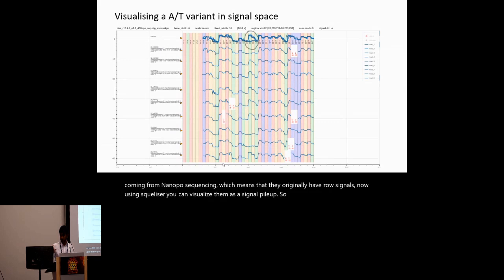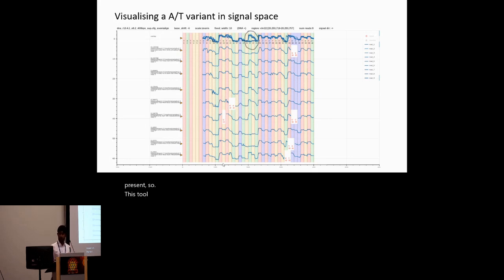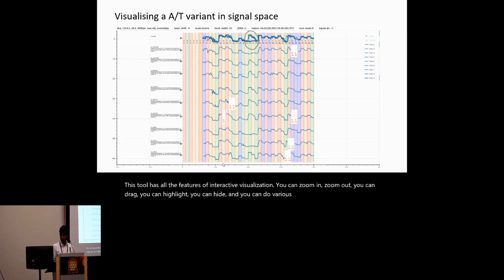You can see I have circled on the overlap up there that there's a clear difference between the current levels when the variant is present. This tool has all the features of interactive visualization. You can zoom in, zoom out, drag, highlight, hide, and do various stuff that a normal interactive software would allow you to do.